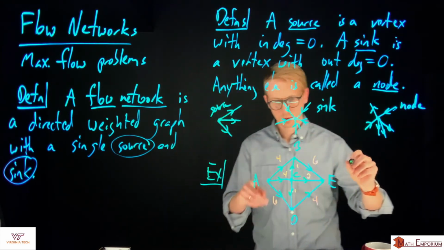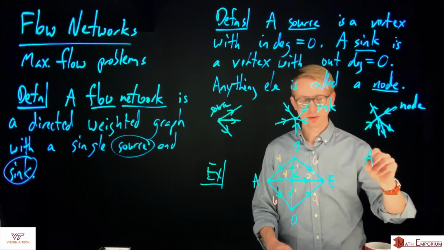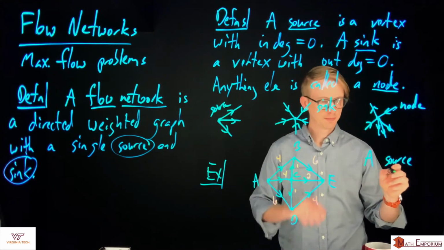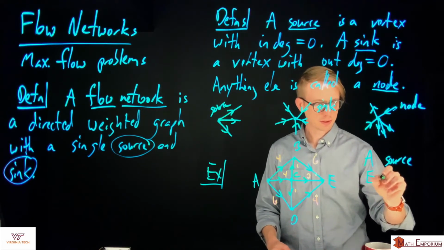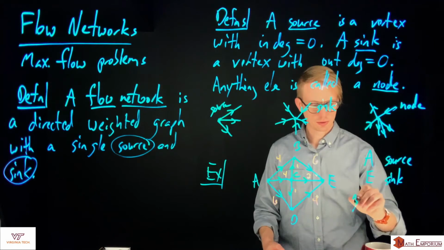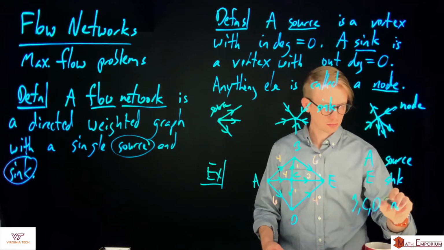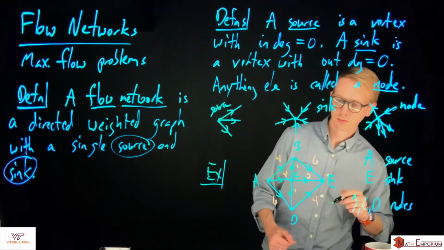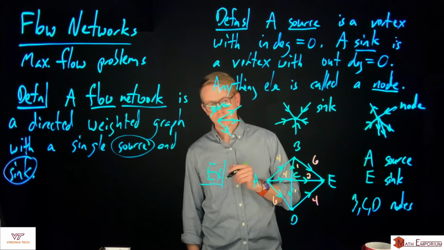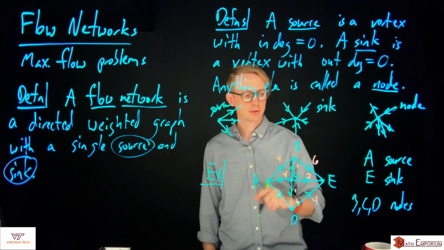So A is the source, and the source needs to be singular for this to be a flow network. E is the sink, and B, C, and D are nodes. There is just a single source and a single sink, and so this is a flow network.